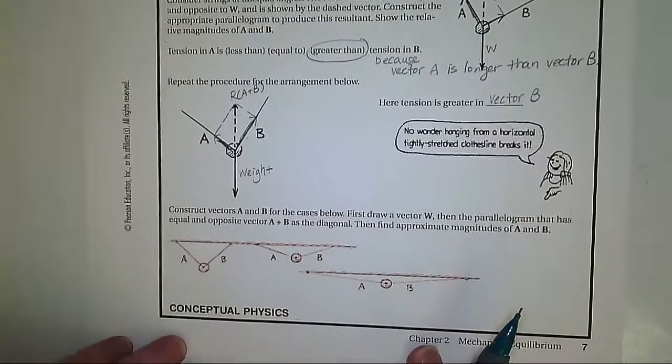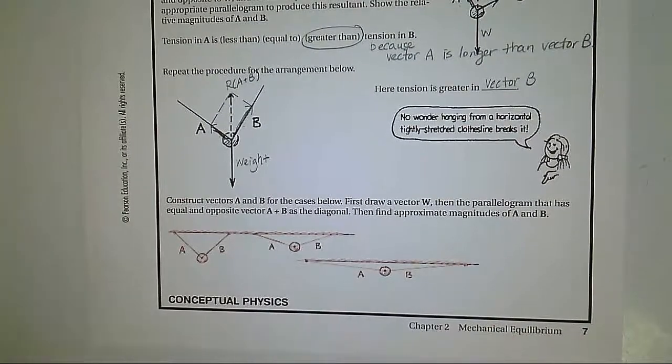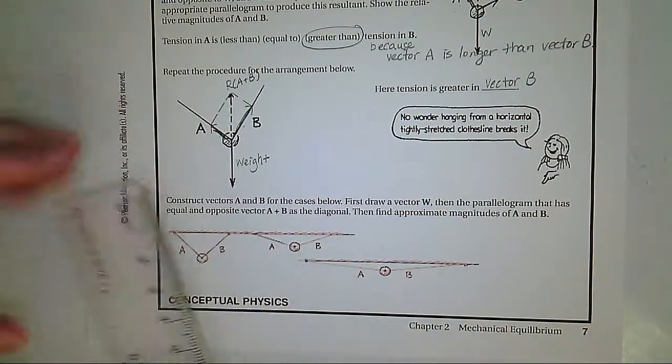So, this last one. Construct vectors A and B for the cases below. First draw vector W, then the parallelogram that has equal and opposite vector A plus B as the diagonal. Then find the approximate magnitudes of A and B. So I'm going to choose to make these all 1 centimeter.